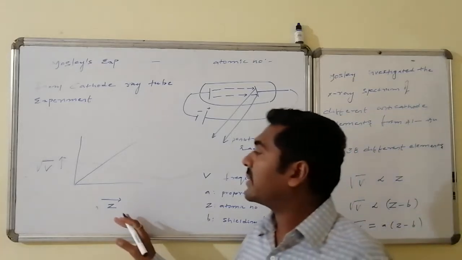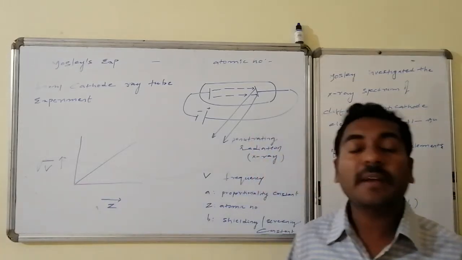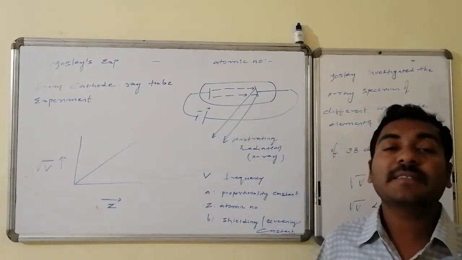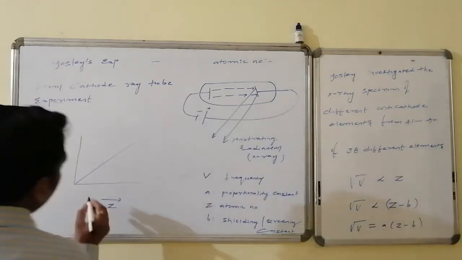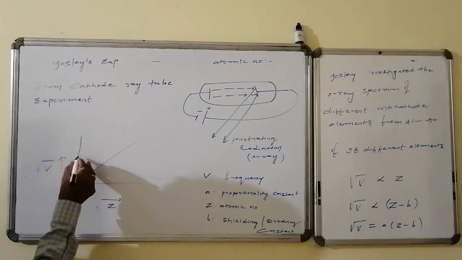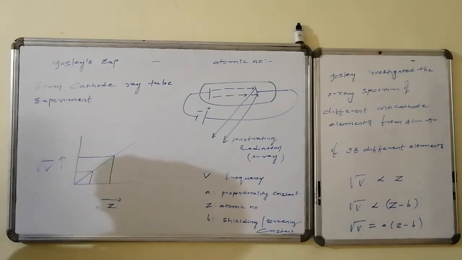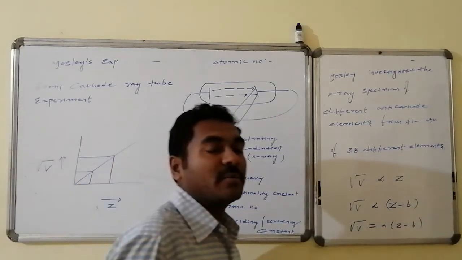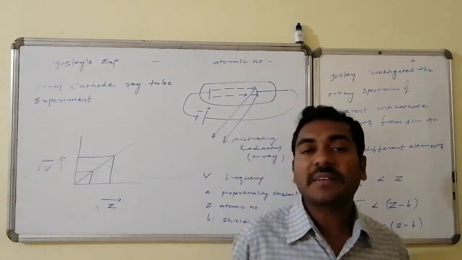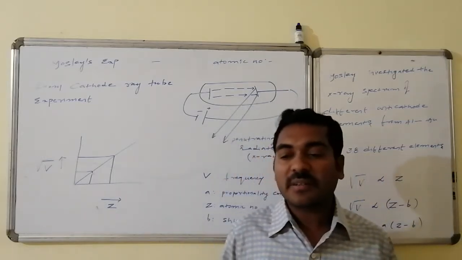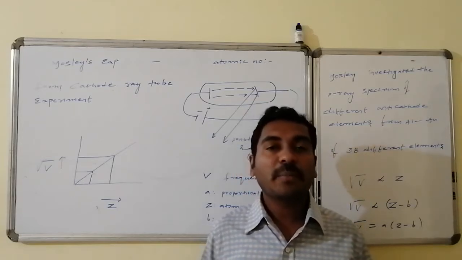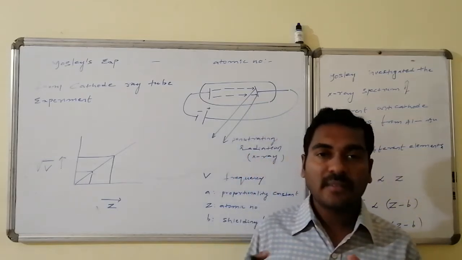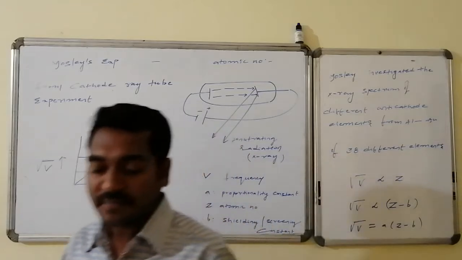As the atomic number increases, the frequency of the radiation emitted by the X-rays also goes on increasing. See here, atomic number is increasing, the frequency of radiation is also increasing. Thus, from here the modern periodic table was designed and the modern periodic law came into existence.